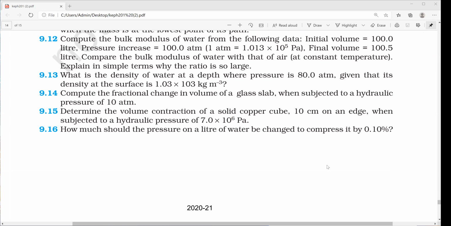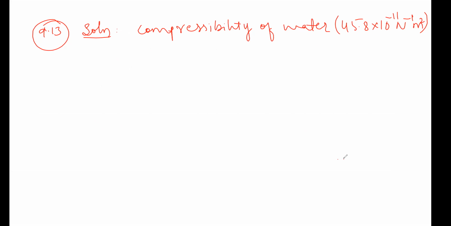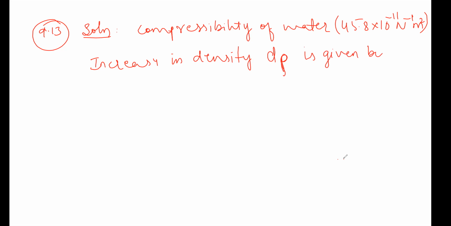From the question, we have to guess the formula, that is increase in density. Increase in density, that is d rho, and dp is change in pressure, whether it may be increase or decrease. Sorry, we use d rho. What is rho? Density. d rho means change in density.